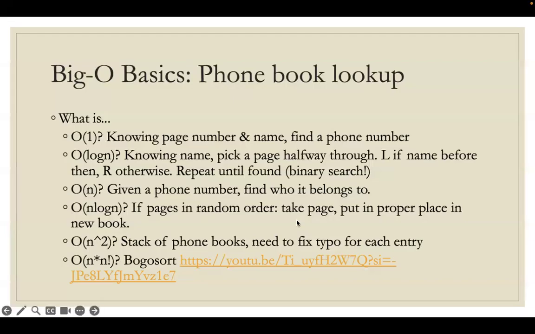One thing is that when you're working with logarithms, if I'm dividing by 2 every time, the logarithm is going to be base 2. If I'm dividing by 4 every time, the logarithm is going to be base 4.